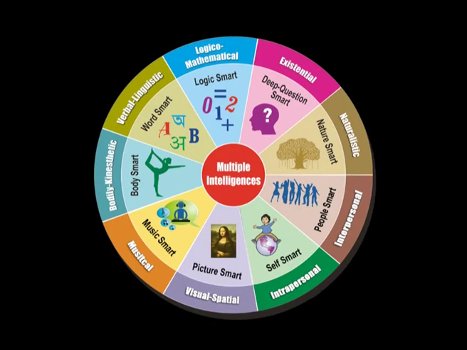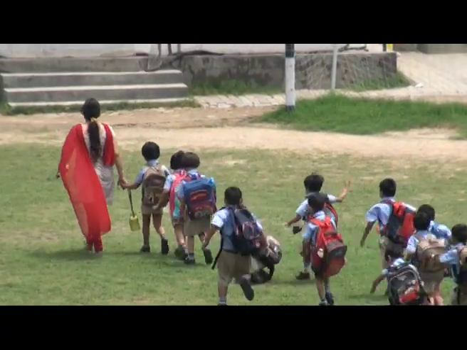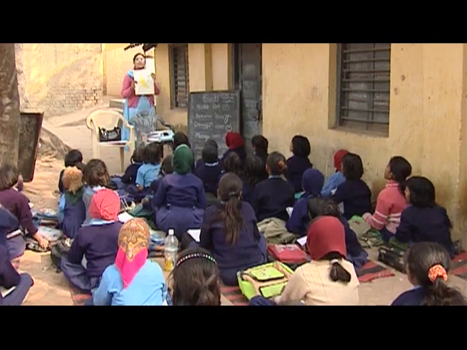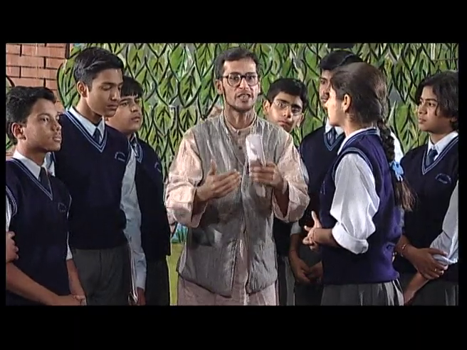The second important nature of intelligence is called linguistic or verbal intelligence. This is the intelligence which we use to express ourselves, articulate both in writing as well as orally. Imagine a teacher as a profession has to be able to speak well, to be able to communicate to the students and also influence.